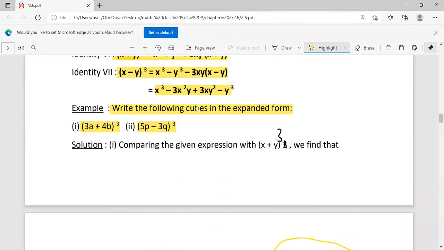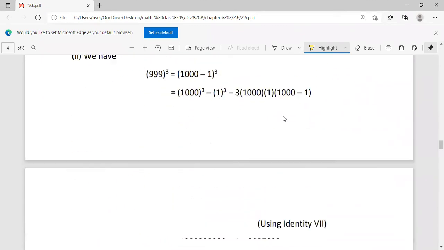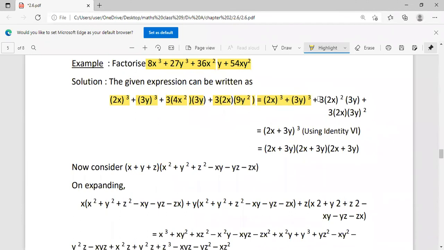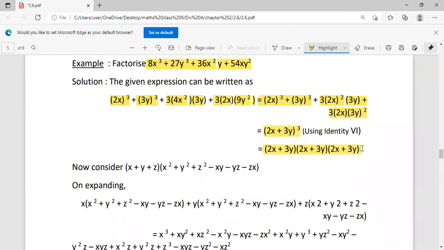Identity 6 has only 4 terms, the same as given here. So 3 into 2x whole square into 3y plus 3 into 2x into 3y whole square. Now we get 2x plus 3y the whole cube. It was easy, right?